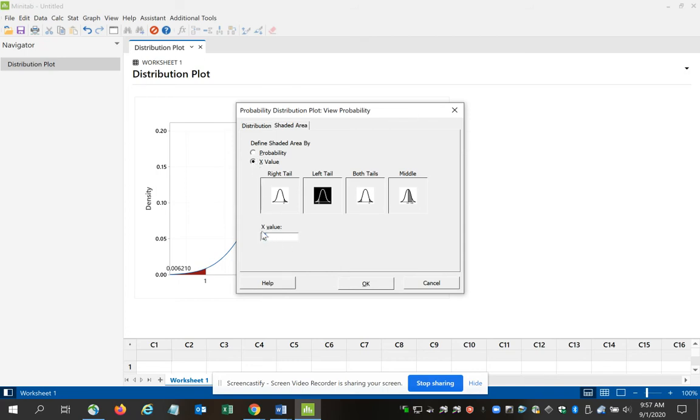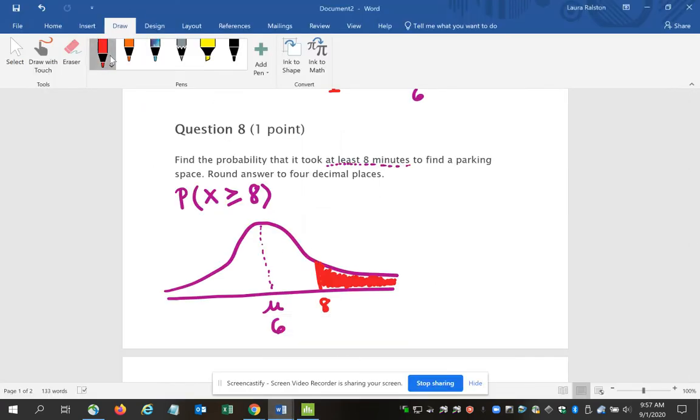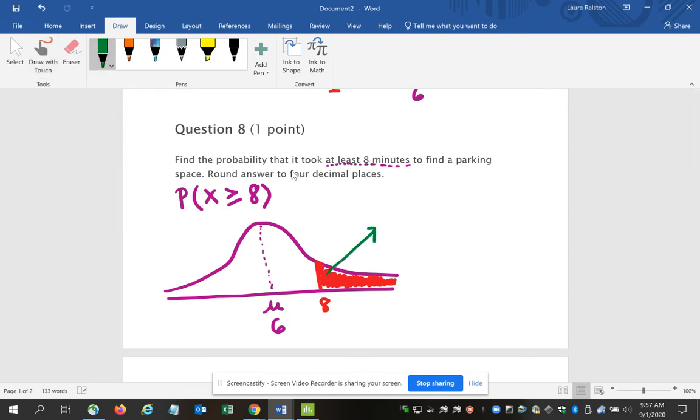My X value this time is 8, and I want it to be greater than, so that is a right tail. I've made all my choices. I tell it OK. It creates the picture, and I get 0.1587, which corresponds to the area of this shaded region, which then corresponds to the probability. So this is 0.1587. That's your answer.